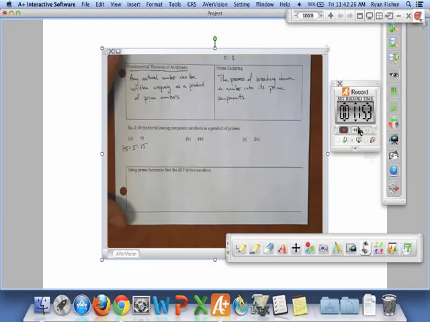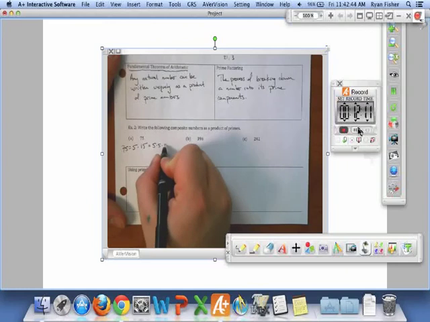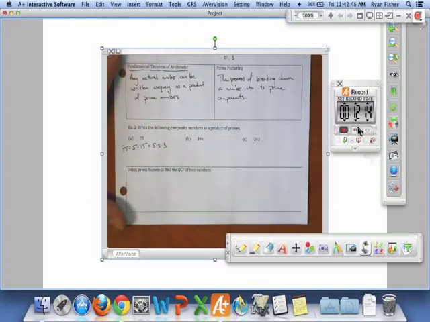I think we can agree that it's 15. Okay, so now we start over, but with the new composite number we got. Is there any prime number that goes into 15? 5 again. So we could write this as 5 times 5, and then 3 times 5 is 15.